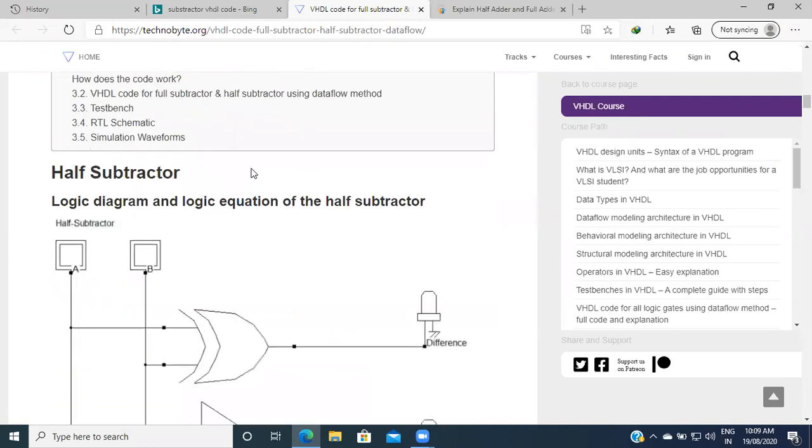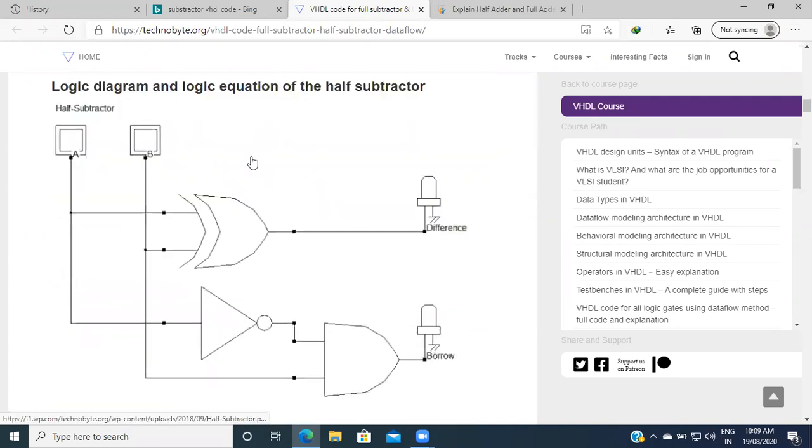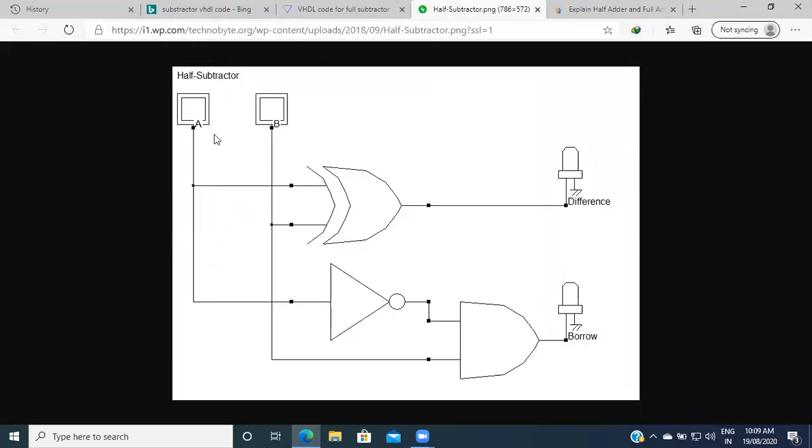So the diagram for this half subtractor is as shown, and we are implementing that diagram by using logic gates. Here A and B are the two inputs, and the outputs are difference and borrow.